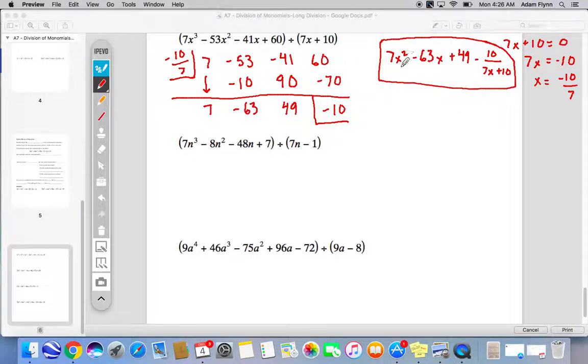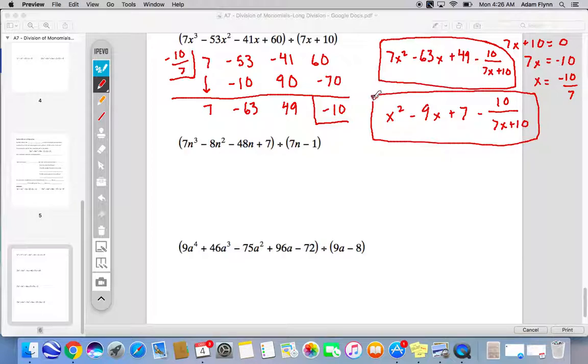So though this is a correct answer, since all of these coefficients are divisible by 7, we can divide those by 7. So we can also have x squared minus 9x plus 7 minus 10 over 7x plus 10. Okay, on to the next example.